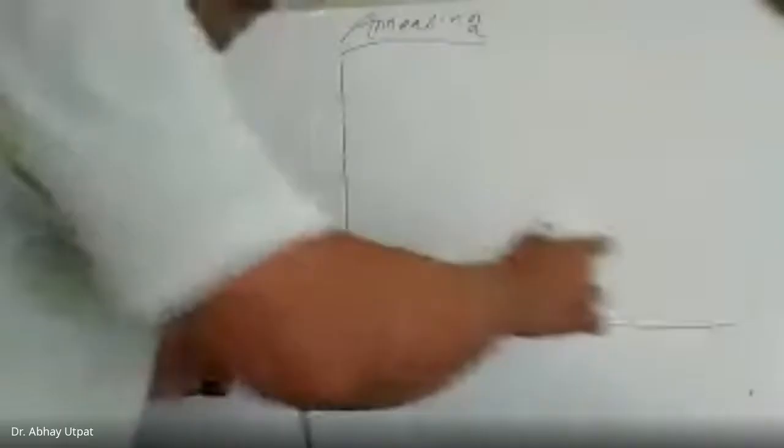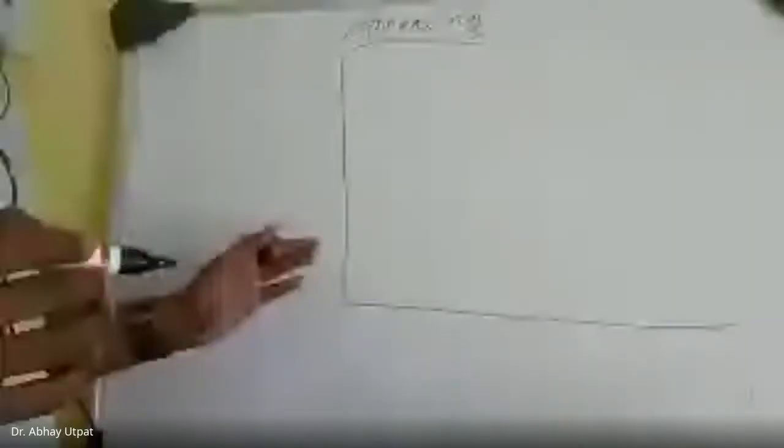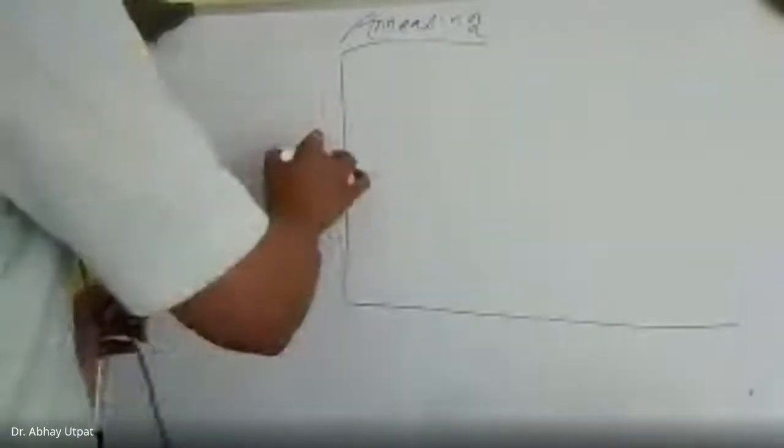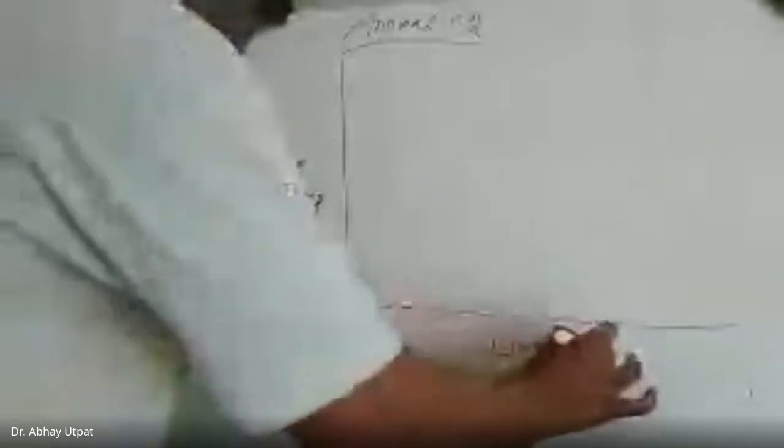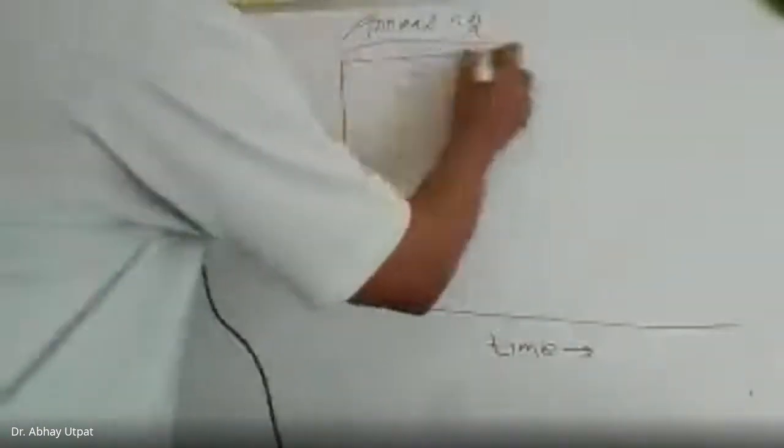Today, whatever part I taught you yesterday, I will show how to draw it in a time-temperature curve. The question may be asked: draw the temperature versus time plot and show the various types of annealing. Use a minimum of half a page of your notebook, and start drawing along with me.